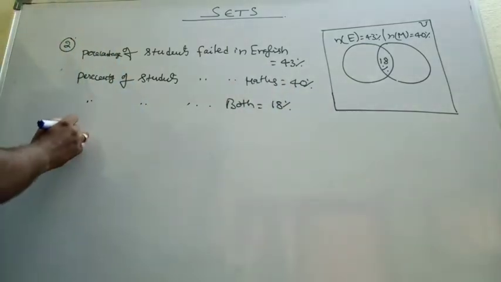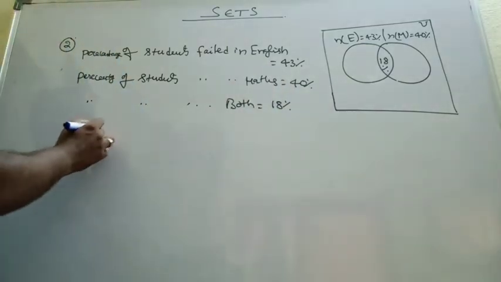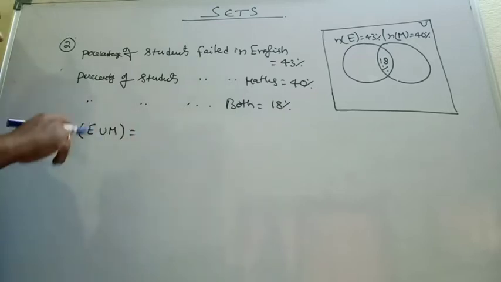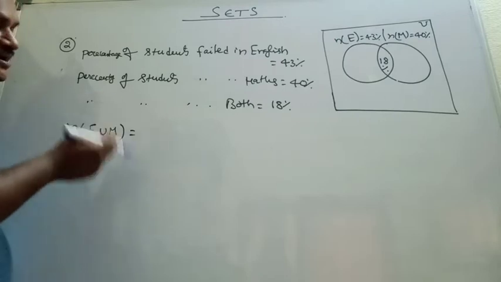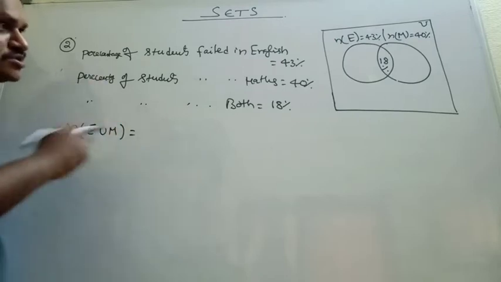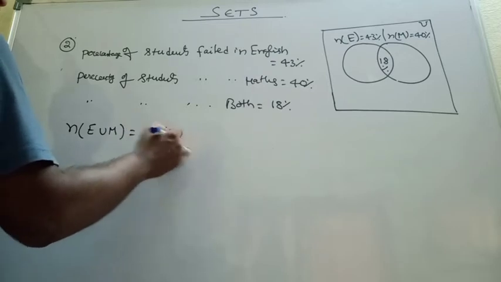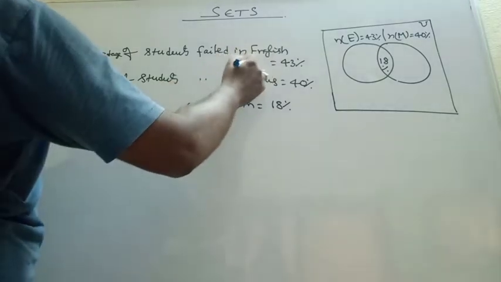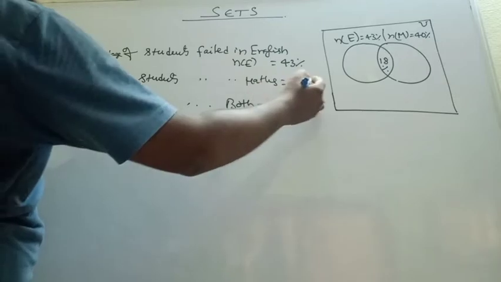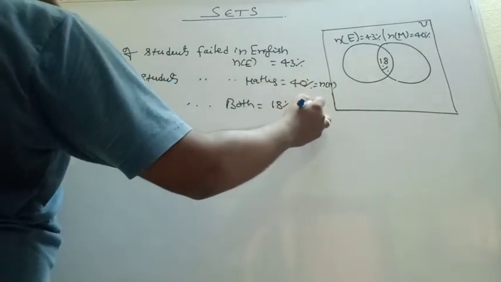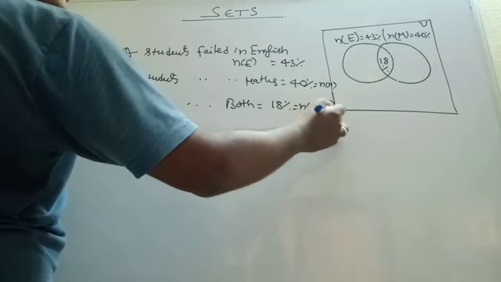Now I want N of E union M. The percentage we are going to get is of those who failed in either English or maths, one subject or both subjects. Now this is equal to, my dear students, you know that N of E. This is N of E, and this is of course N of M. This is N of E intersection M you are going to have like this.